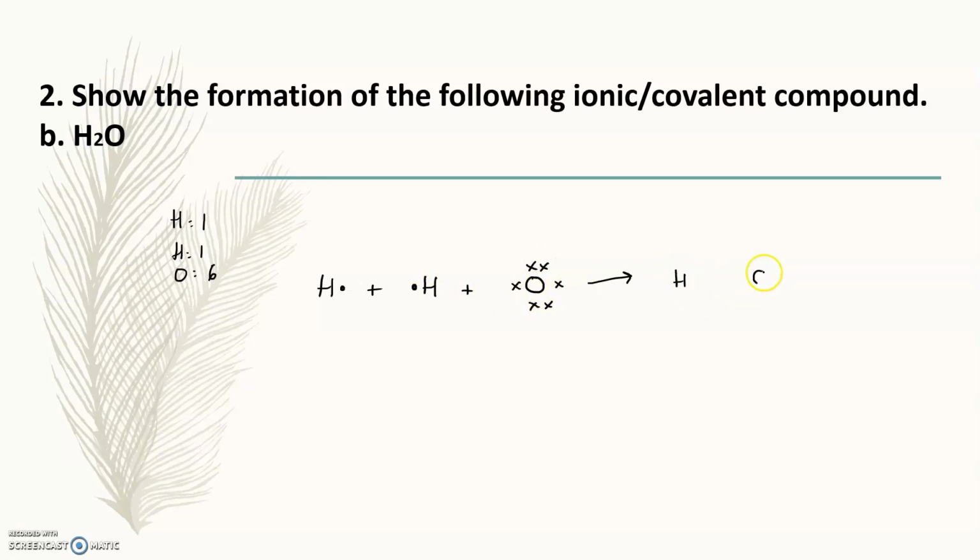So oxygen will share one electron here, and each hydrogen will share one electron, forming a bond. And then there are lone pairs on oxygen. So it will form a covalent compound where electrons are shared between the atoms.